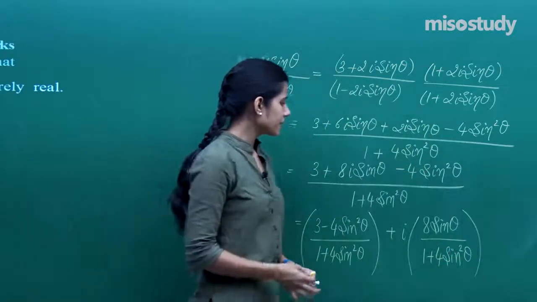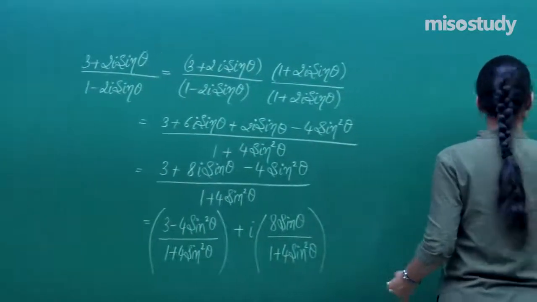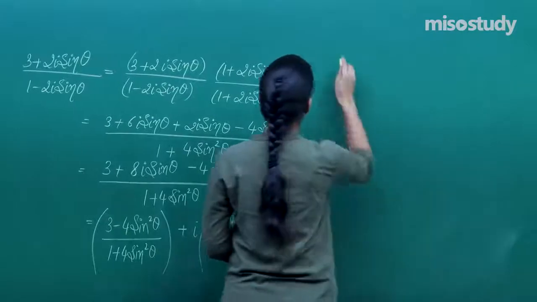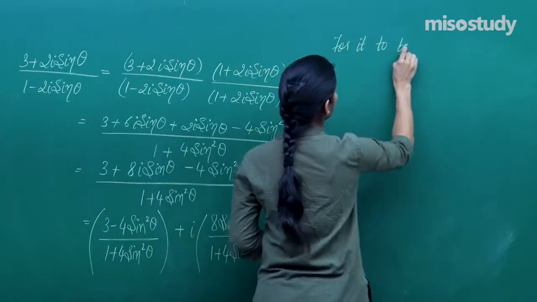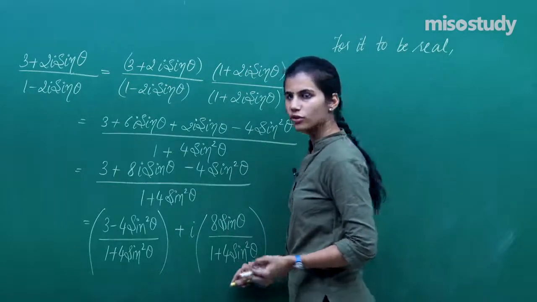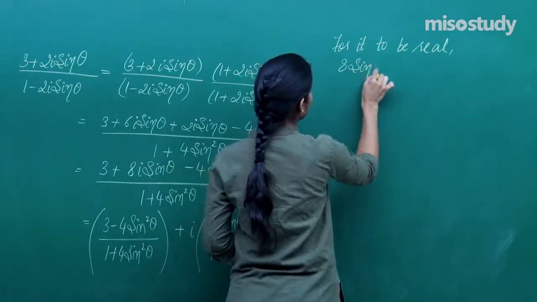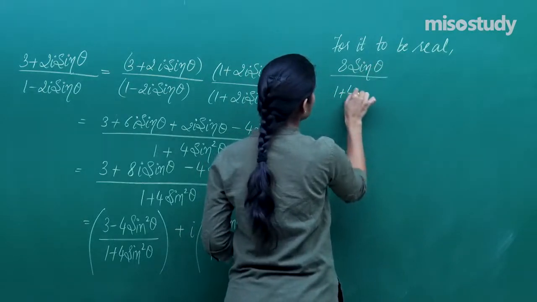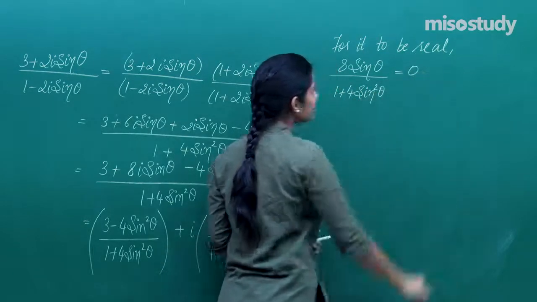If this is my complex number, for it to be real, the imaginary part has to be 0. That means 8 sine theta upon 1 plus 4 sine square theta has to be 0.